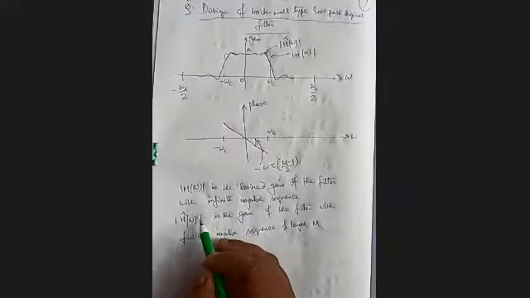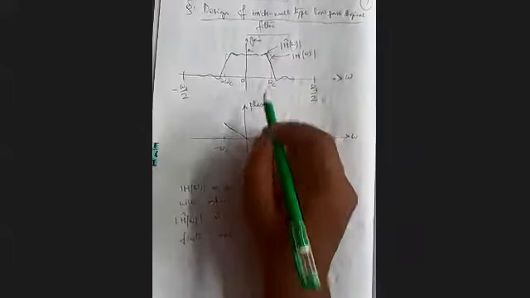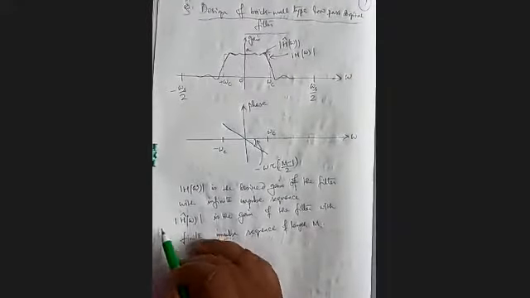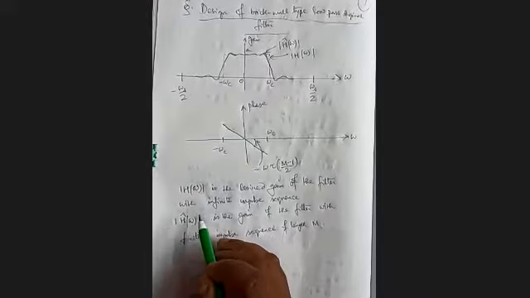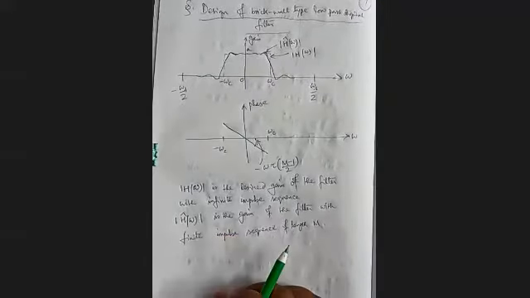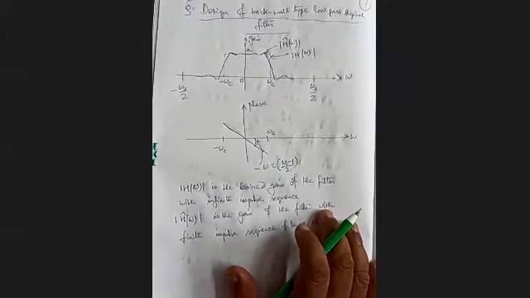So later, to reduce that oscillation, what we will do, okay, we will get h cap n. If we take the inverse transform of h cap omega, we'll get h cap n. So this h cap n will be multiplied with one window function.